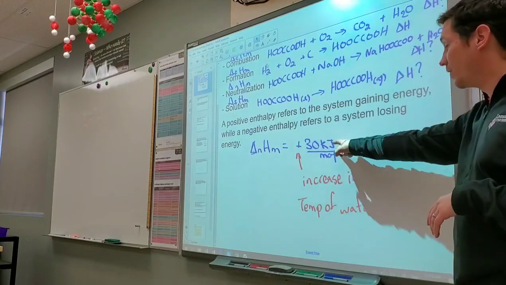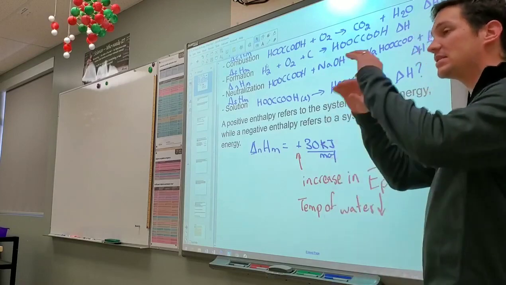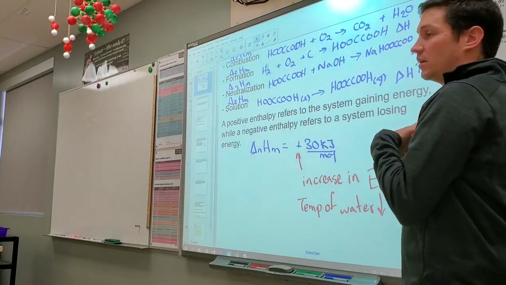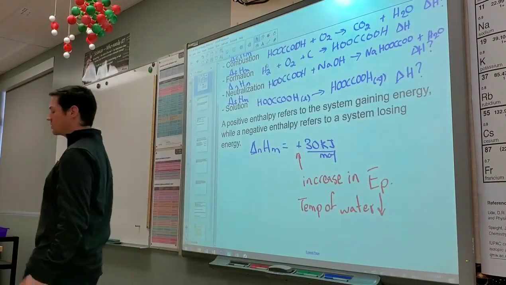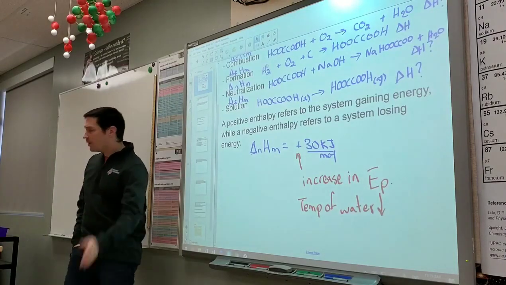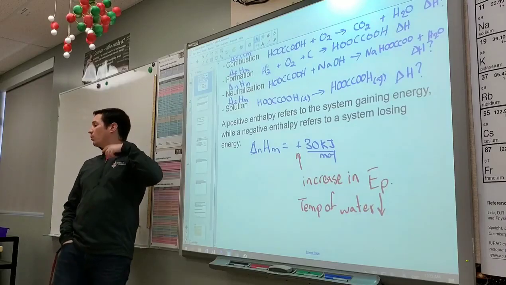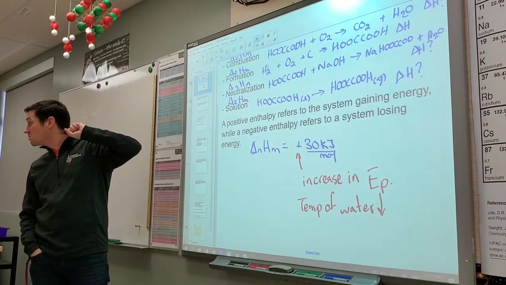If something's gaining energy, the other thing has to be losing energy. And the system is almost always surrounded by water, because we have it abundantly available, and that's how chemical reactions mostly happen, in aqueous solutions. We went through a lot of information there. We're going to build on that later. Can I move on? Yeah?